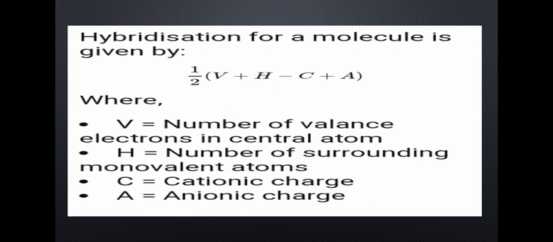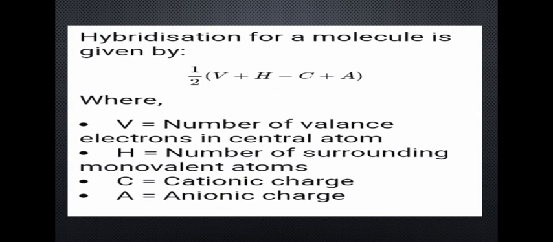For example, if you have seen the molecule of ammonium ion, it is NH4+. So on the right top, positive is written. So this is a cationic species, and in this case, as it is written +1, you will subtract 1 from here.